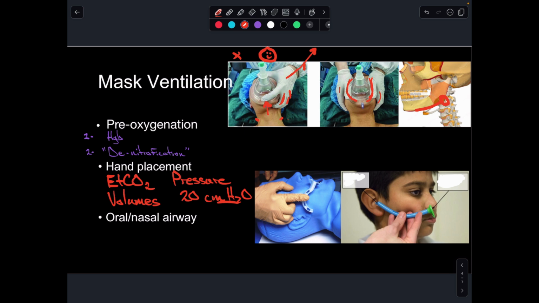The kind of big advantage of a nasopharyngeal airway, if you're choosing to use one, is that generally they don't provide as good of a job in opening up the airway to improve ventilation.